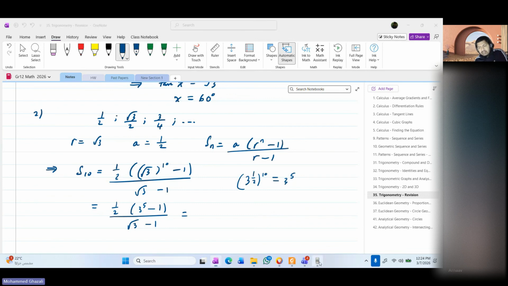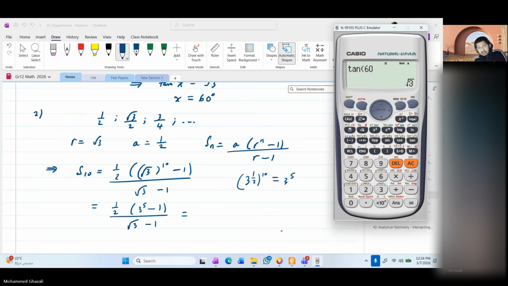You're going to use a calculator here, right? 0.5 times 3 to the power 5 minus 1. Or you can type the whole thing in the calculator. I'm getting an answer of 165.29.